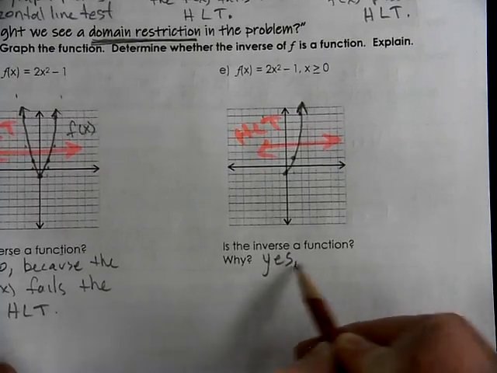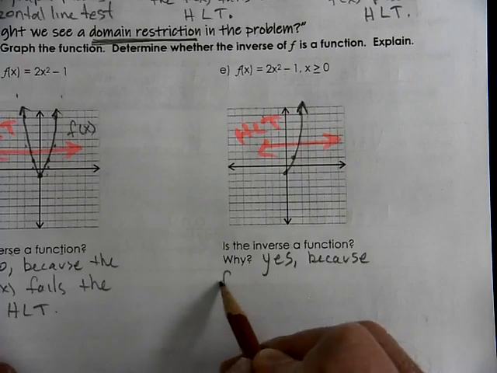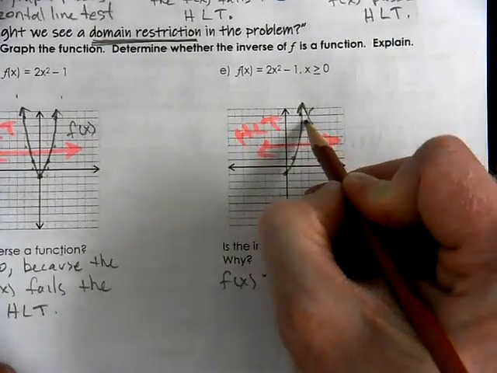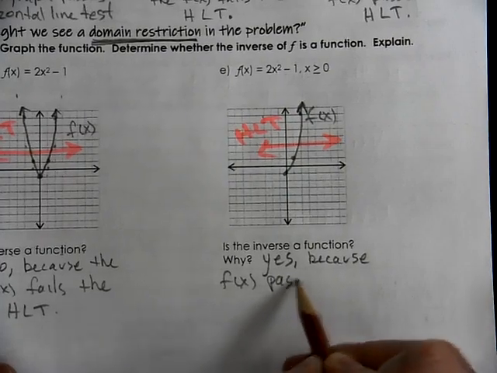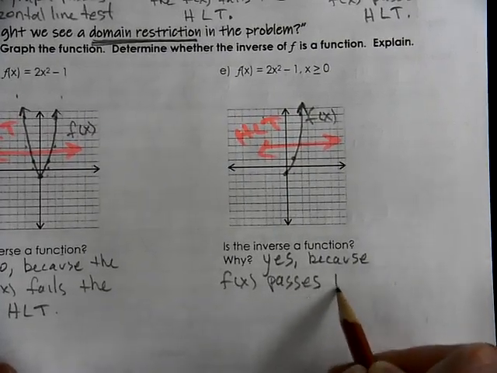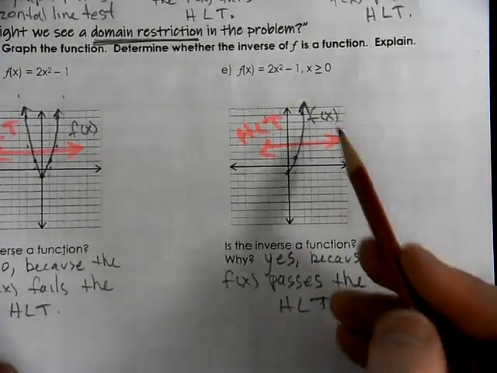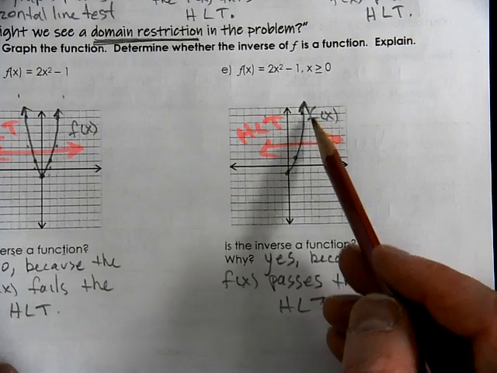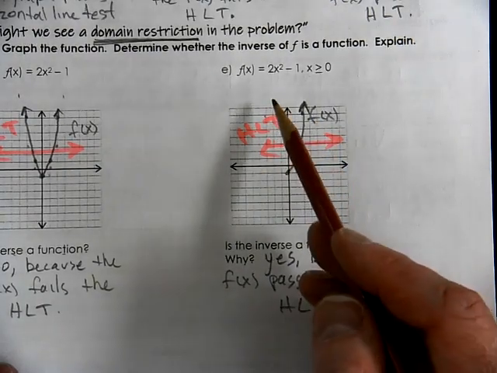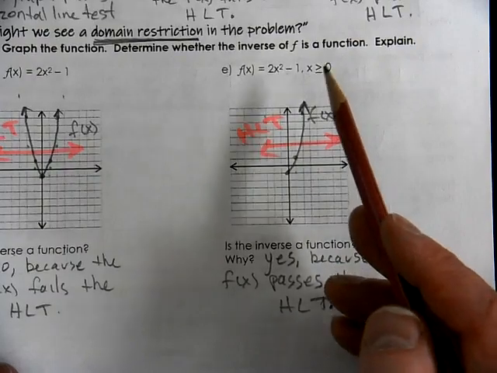And the answer is yes, because f of x, which is this guy, passes the horizontal line test. F of x had a domain restriction. It didn't take the entire function. It only took the portion that was required in the domain.